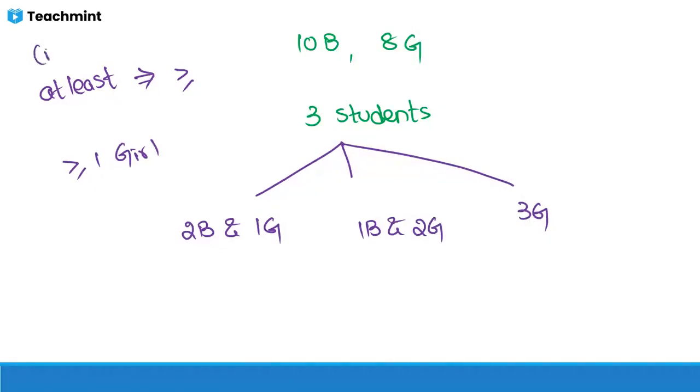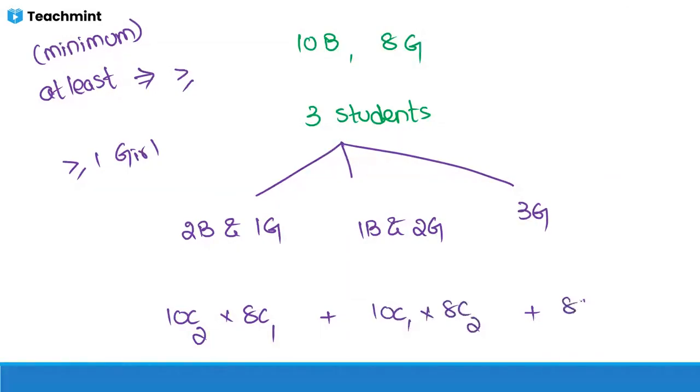They want minimum one girl among three students, so it may be one girl and two boys, or one boy and two girls, or three girls. When it is 'or', we should do addition. Now from 10 boys, select 2 boys, and from 8 girls, select one. And here, 1 boy among 10, 2 girls among 8, and 3 girls among 8.